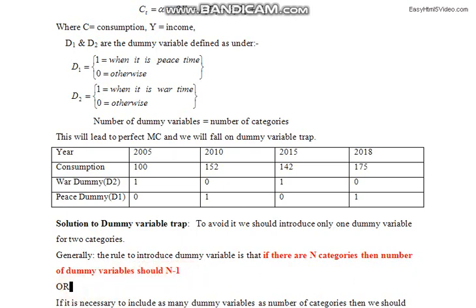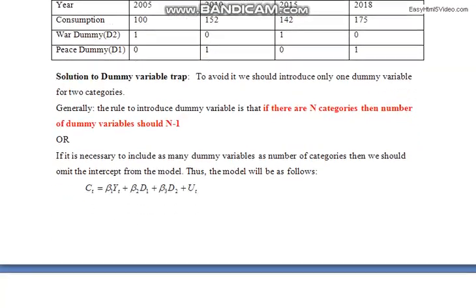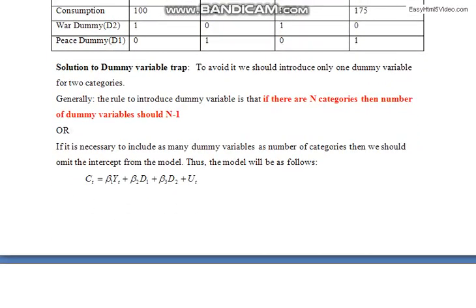Or, if it is very necessary to include as many dummy variables as there are categories, then we should omit the intercept from the model. We should define the model without intercept if we want to include two dummy variables for two categories. So this is the alternative to the rule. In this model we have omitted alpha.